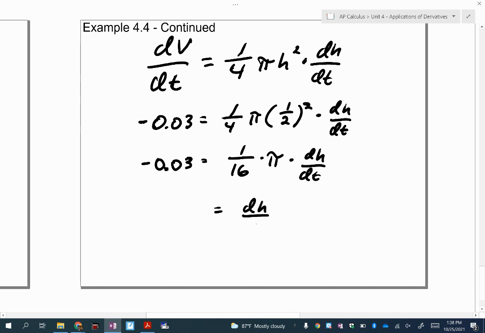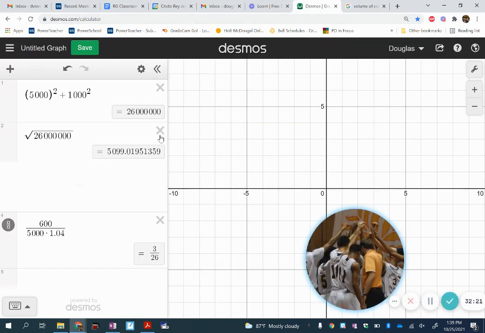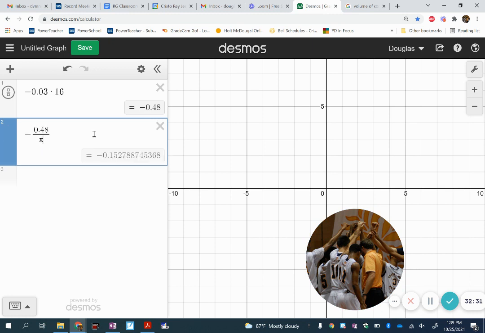So now I'm going to move to my calculator to solve for the rate at which the height of the water is changing. I'm going to multiply negative 0.03 times 16 and then divide by pi. So let's delete all this. We have negative 0.03 times 16, and then take that negative 0.48 divided by pi.